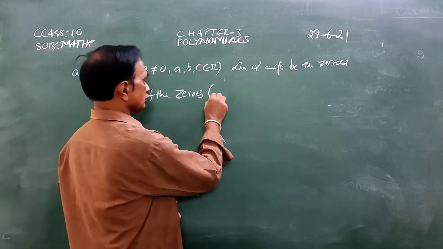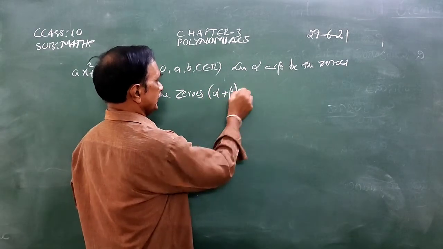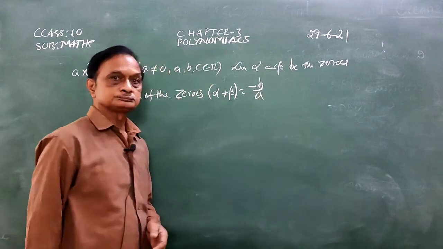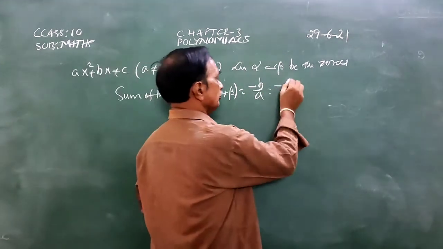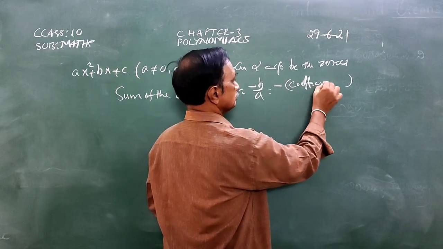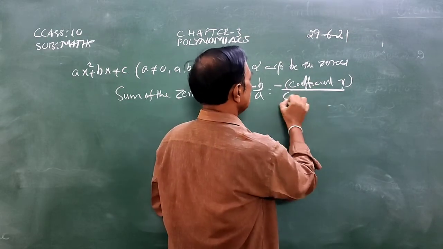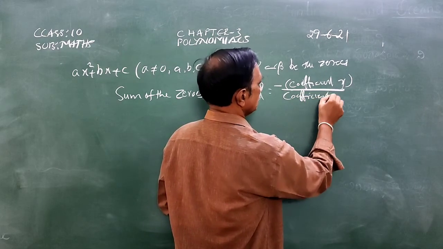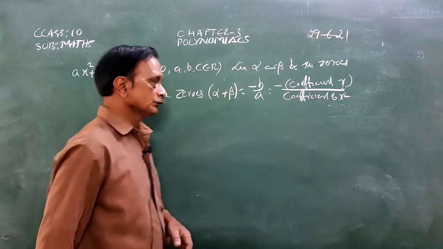Sum of the zeros, that is alpha plus beta, equals minus b by a, nothing but minus coefficient of x by coefficient of x square.